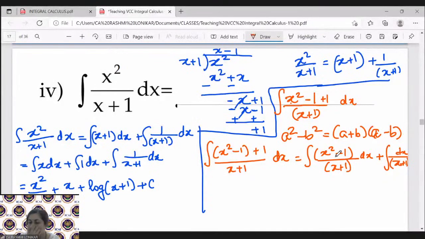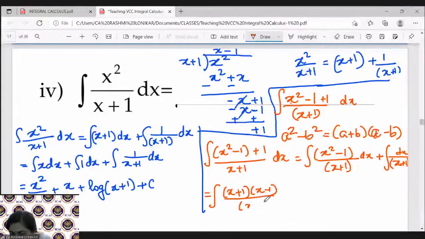Is it clear? Now here instead of x square minus 1, what do I write? a plus b into a minus b. So this can be written as integral of x plus 1 into x minus 1 upon x plus 1 dx plus integral of dx upon x plus 1. Okay?